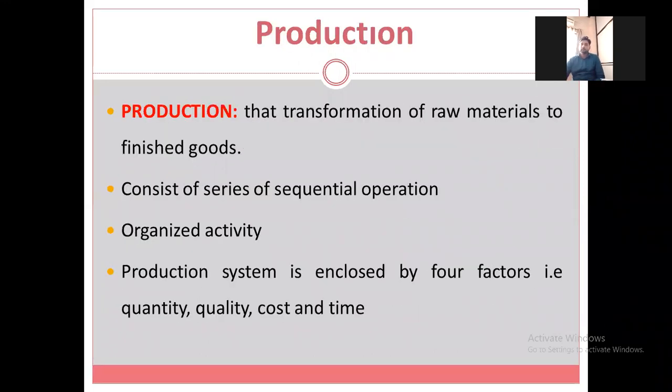Write down production. First point: transformation of raw materials to finished goods.